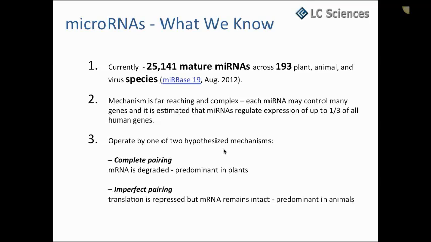That's one way of downregulation. The other one, which is typically seen in the animal model, is that the pairing is imperfect, so there's some mismatches, but the binding of the microRNA is strong enough to repress translation of the messenger RNA. So the messenger RNA translation gets blocked, but the messenger RNA remains intact.